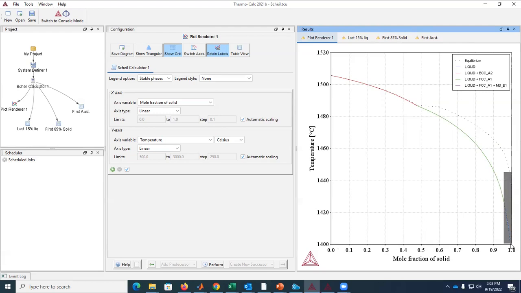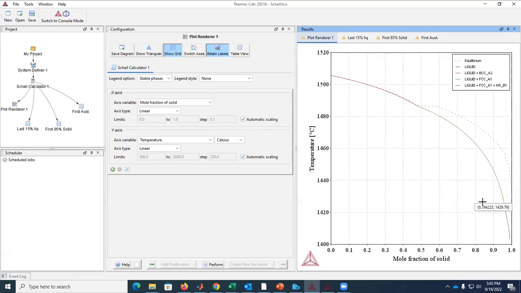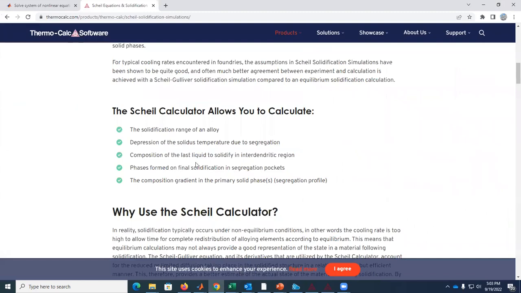I can also zoom in: here it is 1430 Celsius. And if I go by the Scheil, the colored one, it is 1403. So we have a depression of around 40 degrees Celsius, just because of the segregation predicted by the Scheil calculation. That's the second part that is predicted by the Scheil.